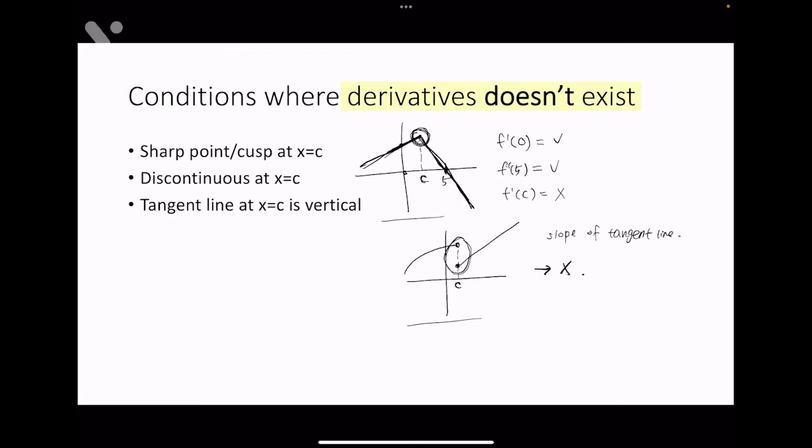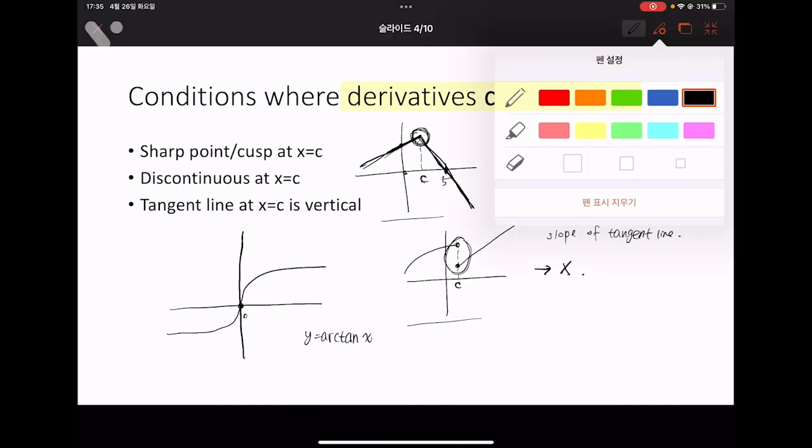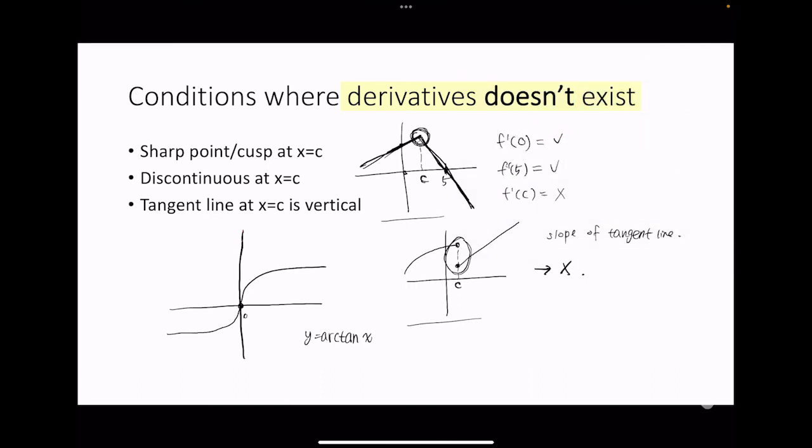Lastly, derivatives don't exist where the tangent line at x equals c is vertical. For example, here we have an arctangent graph. At point 0, if we draw a tangent line, it would be x equals 0.